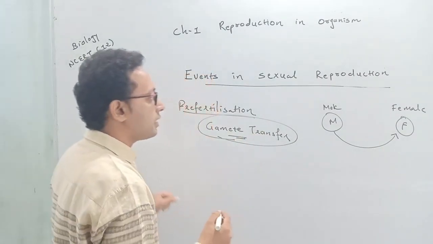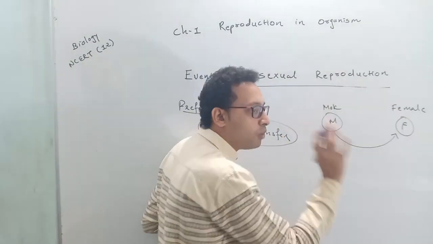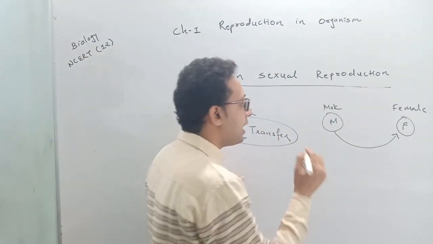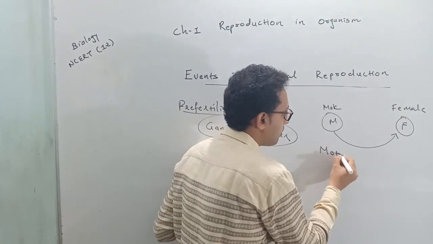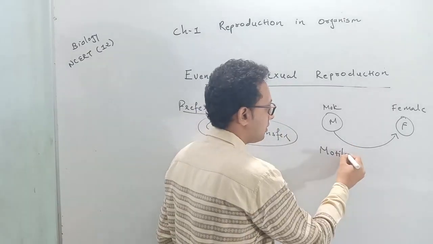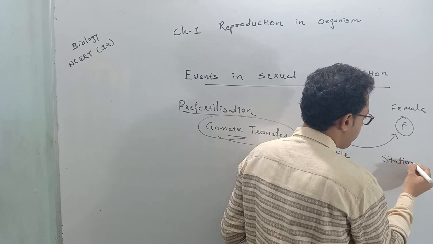Now you know that there are two types of gamete, male gamete and female gamete. In most animals and other living organisms, the male gamete is motile, whereas the female gamete is stationary.